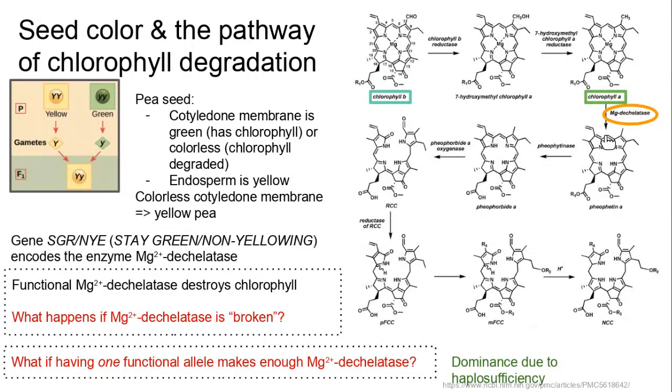In complete dominance, there is haplosufficiency, which means that if you have at least one allele of the functional enzyme, then you will see the phenotype of that dominant allele, which in many cases is the functional enzyme.